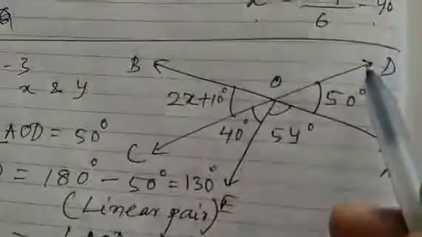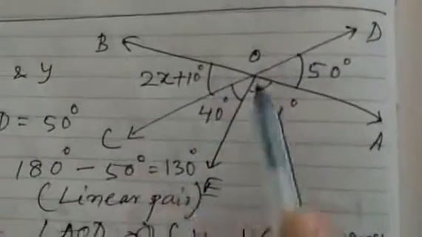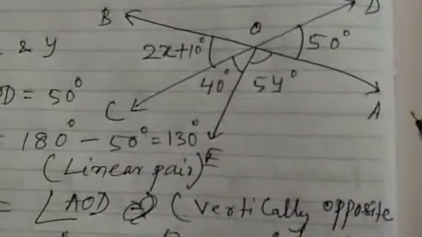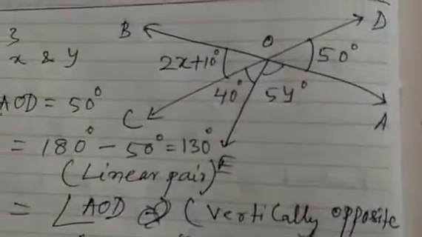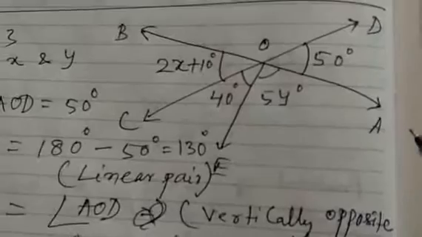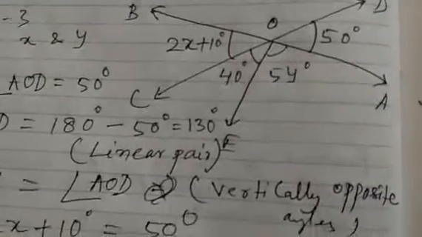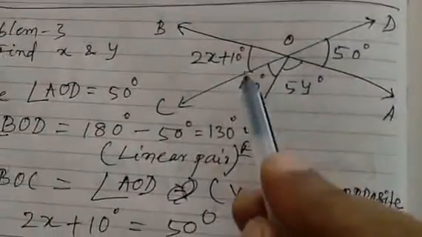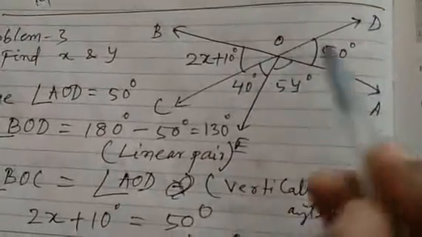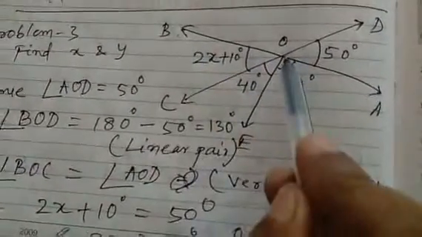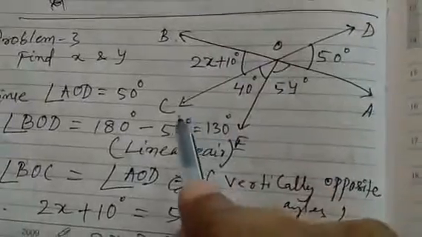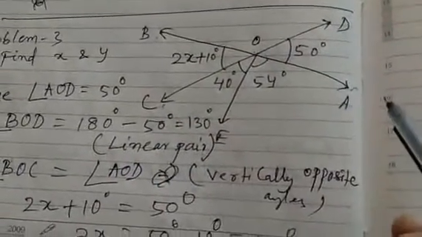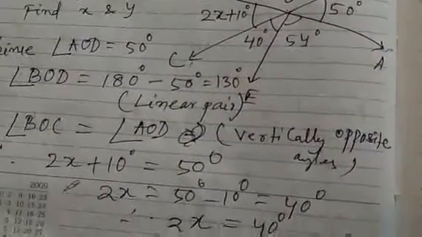Since angle AOD is equal to angle BOC, why are they equal? Can you guess? Yes, they are vertically opposite angles. Similarly, angle BOD is equal to angle COA; they are also vertically opposite angles.